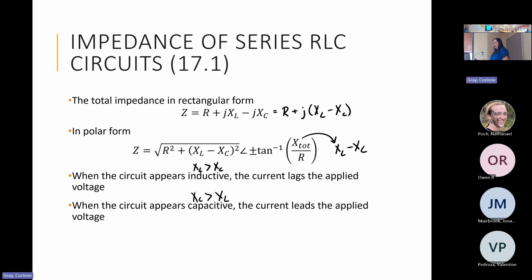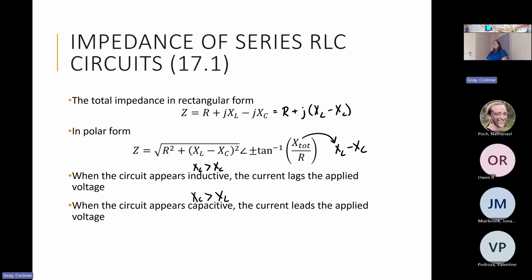So this is going to give rise to a lot of different situations. In reality, if we have XL and XC, we can have the greater than or less than parts. XL can be greater than or less than XC.